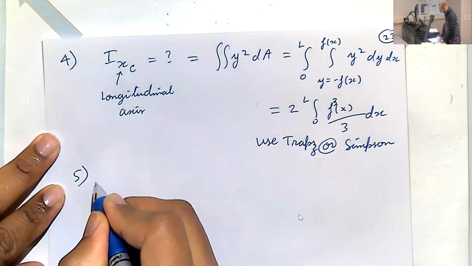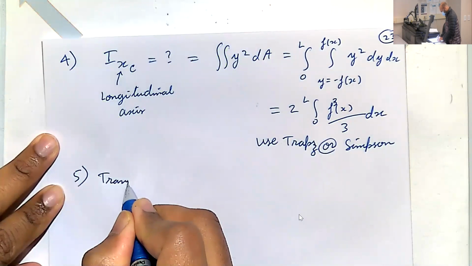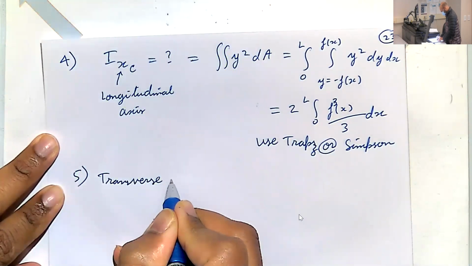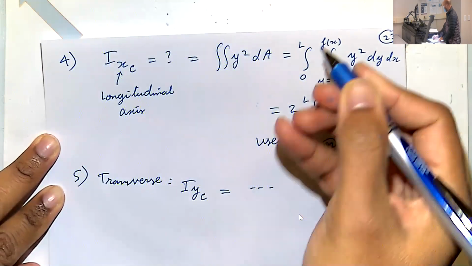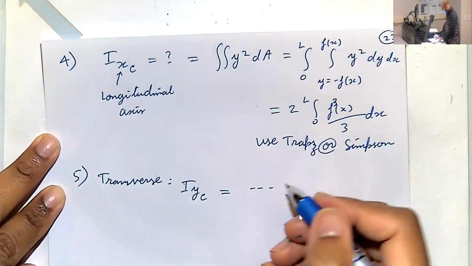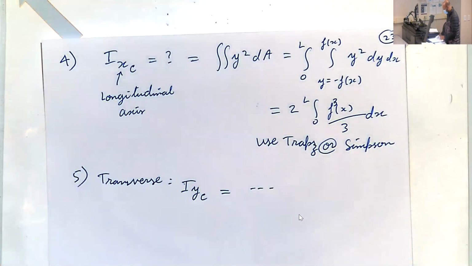Transverse: IYC, again, same thing. You do x squared dA and you integrate.